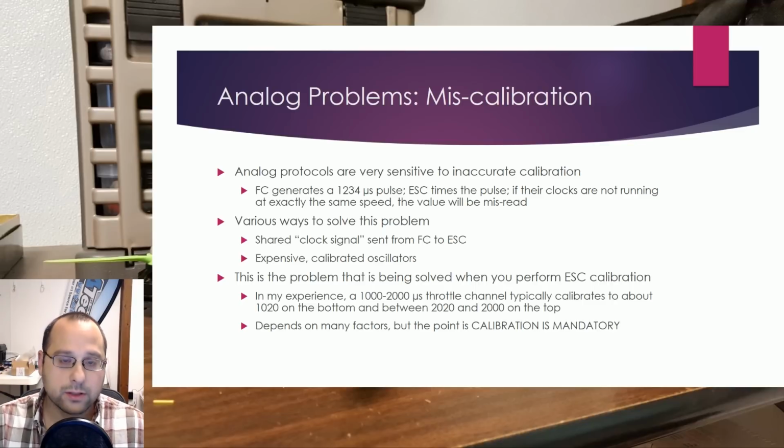In other words, the flight controller is at 1980 microseconds and the ESC calibrates to 2020. So I think that calibration, no, you can't just skip it. It's absolutely an issue. Depending on your flight controller and your ESC, there can be pretty substantial differences in their timing that I think would affect flight in small ways, not major ways, but small ways.